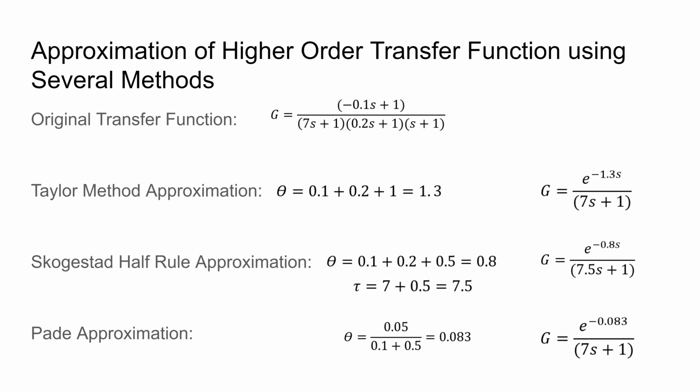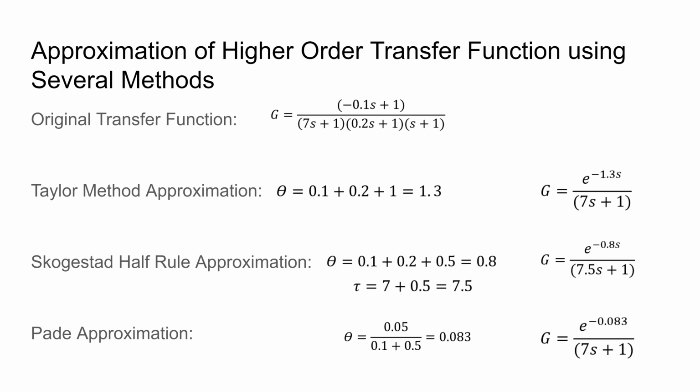So now you can see that the theta is, instead of 0.1 plus 0.2 plus 1, it is now 0.1 plus 0.2 plus 0.5, giving you a slightly smaller time delay of only 0.8, but also changing the remaining time constant from 7 to 7.5 with the addition of half of that largest time constant being removed. And so you can see the transfer function is now e to the negative 0.8s over 7.5s plus 1.